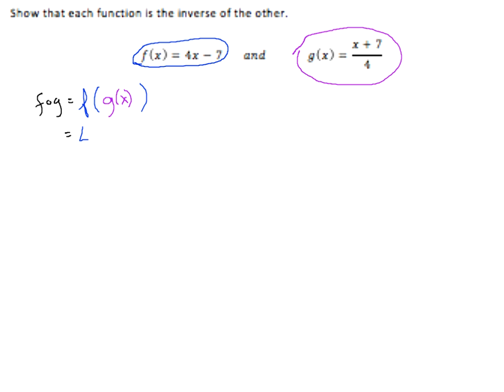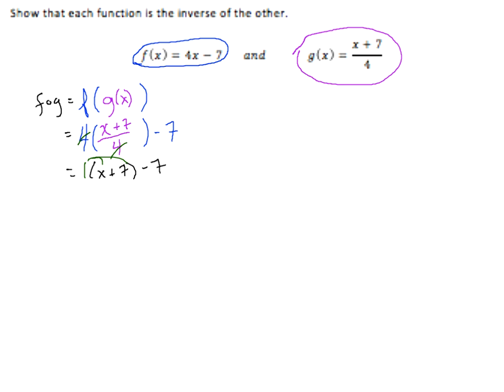My shell function is 4x minus 7, so 4, I don't write x, minus 7, and I plug in my other function, g of x, in for the x in the first function. Okay, so 4 divided by 4 is just 1, and I'm left with x plus 7 minus 7.